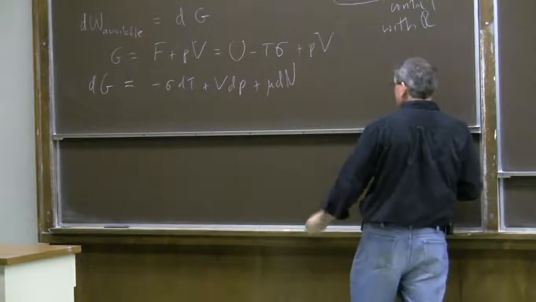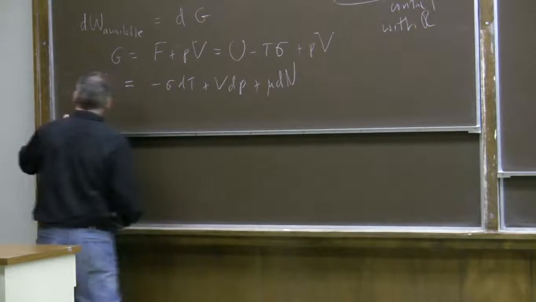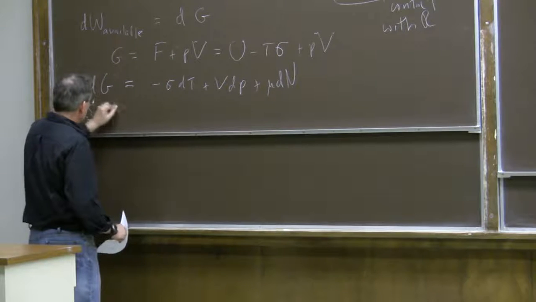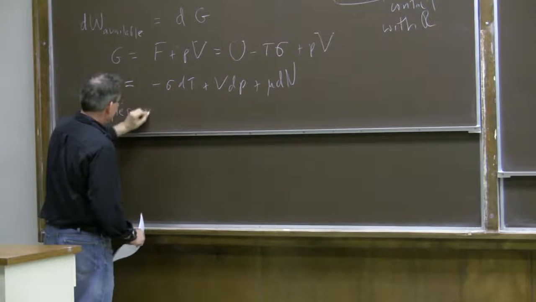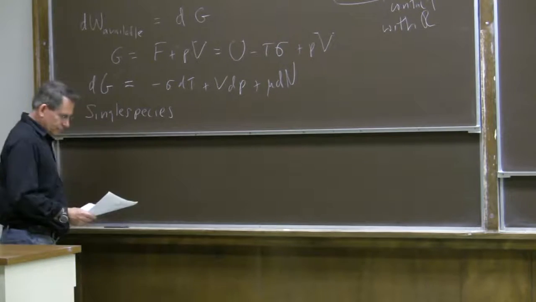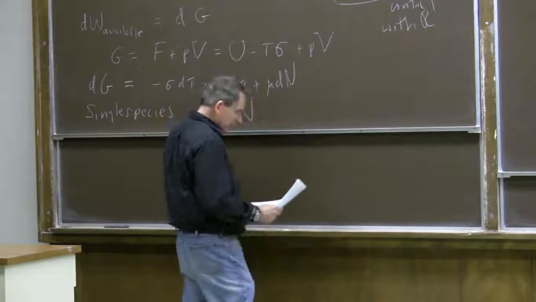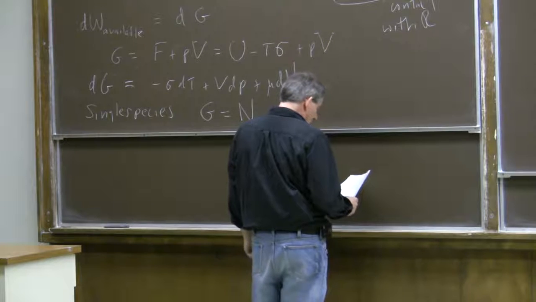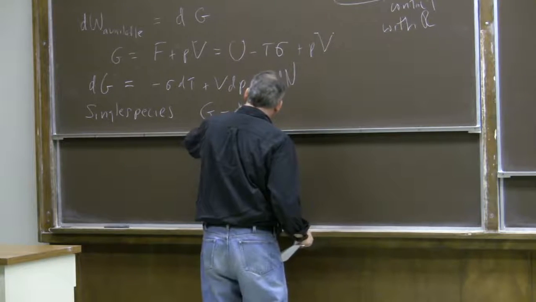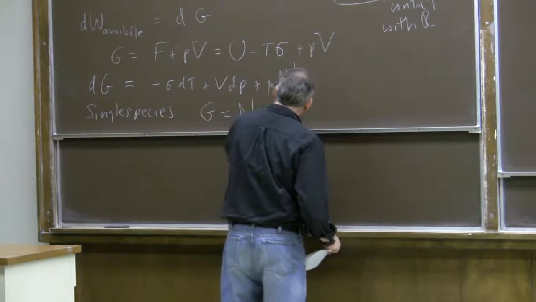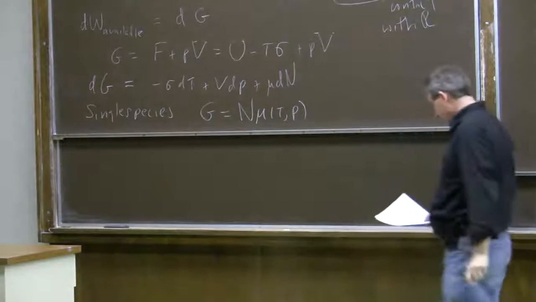Now we saw that if there's a single species of particles, we can write the Gibbs free energy as the number of particles times an intensive quantity, which is in fact the chemical potential expressed as a function of temperature and pressure.